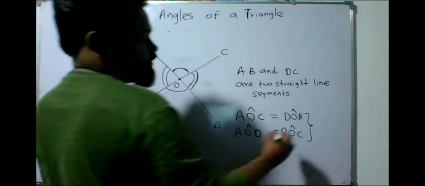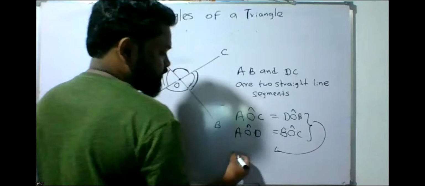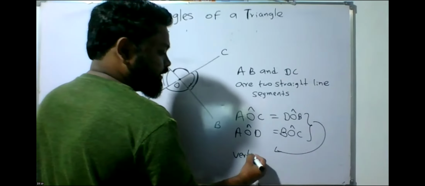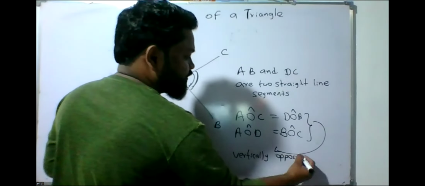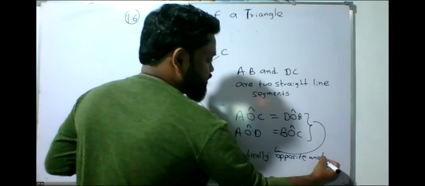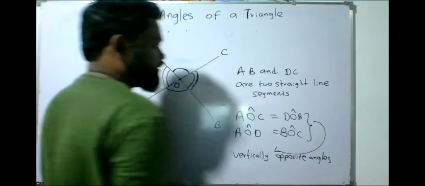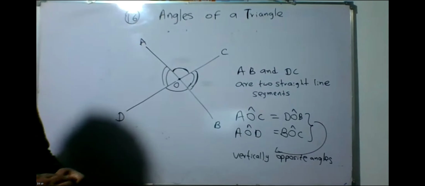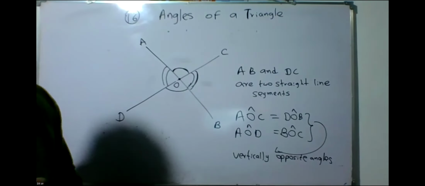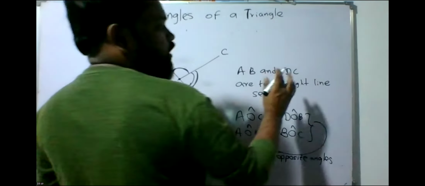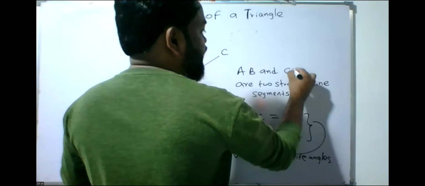Then you can write here: vertically opposite angles. Vertically opposite angles, right? Copy down this quickly. Remember, AB and DC are two straight lines.